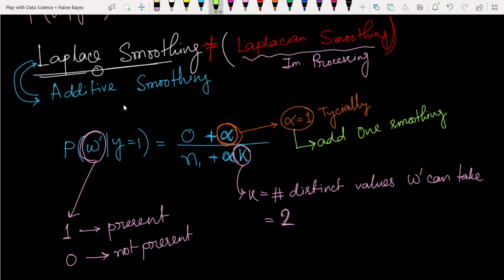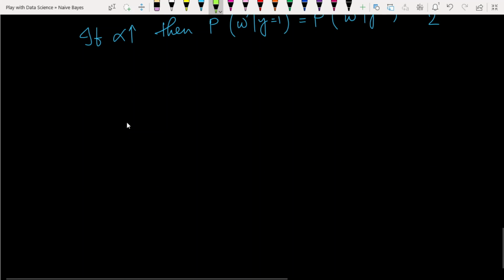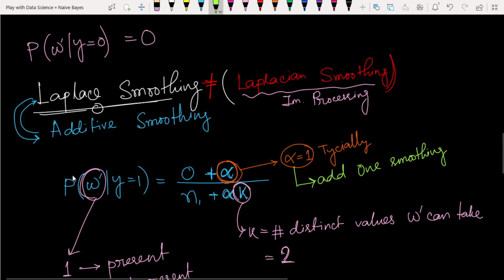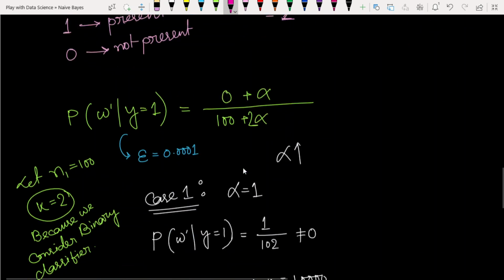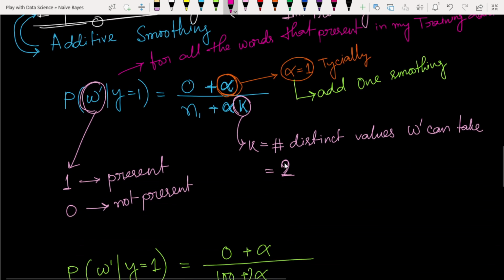But no, in Laplace smoothing we apply it for all our training data sets. For example, we apply this for all the words that are present in my training data. Okay, I think now this is clear to all of you.